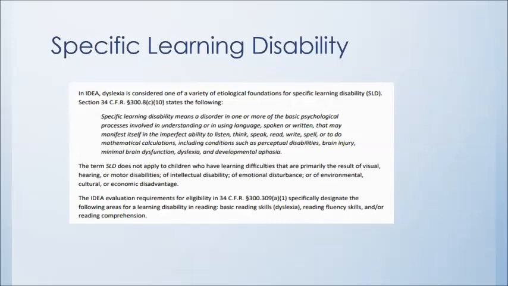It states that a specific learning disability means a disorder in one or more of the basic psychological processes involved in understanding or in using language, spoken or written, that may manifest itself in an imperfect ability to listen, think, speak, read, write, spell, or to do mathematical calculations, including conditions such as perceptual disability, brain injury, minimal brain dysfunction, dyslexia, and developmental aphasia.